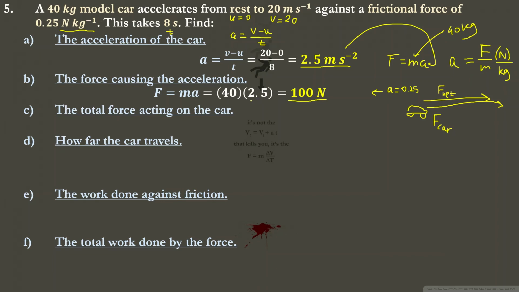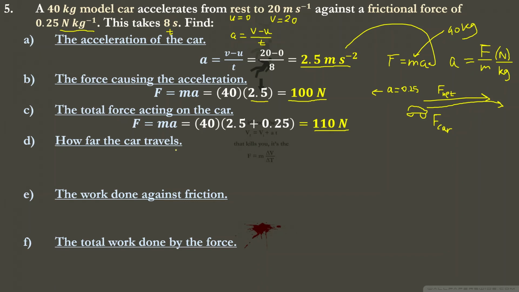The total acceleration we calculated was 2.5, but this number is accounting for the acceleration we experienced because of the friction of the road. So if I add 0.25 onto this value, I'll find the total force acting on the car is 110 newtons.